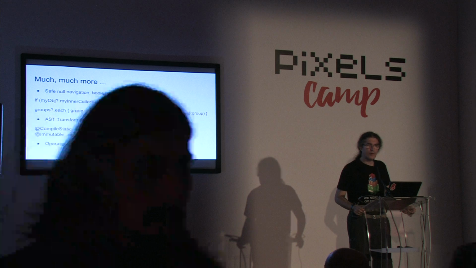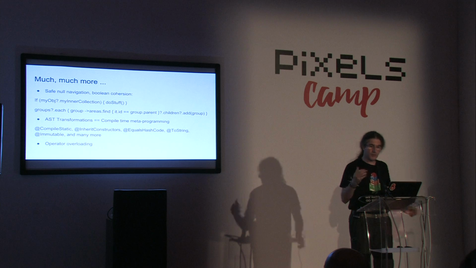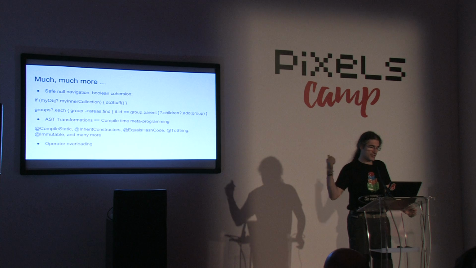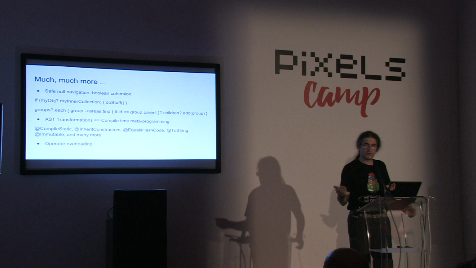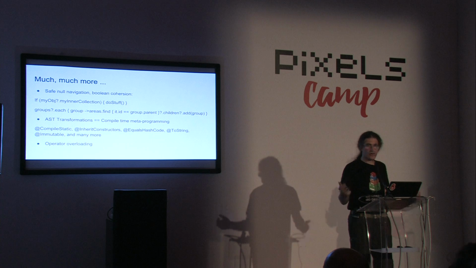If you have created your own views on Android, you know that you usually have to implement at least one of the constructors. If you just say InheritConstructors, it does it for you. You don't have to write boilerplate code. Also, a lot of times when you have an object, you want an equals and a reasonable hash code for it, and you don't have to deal with it.